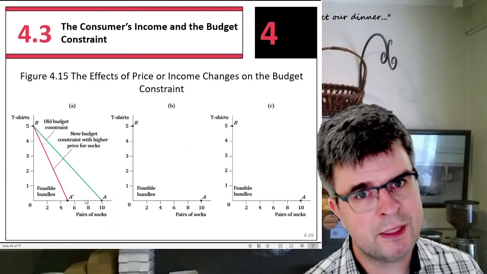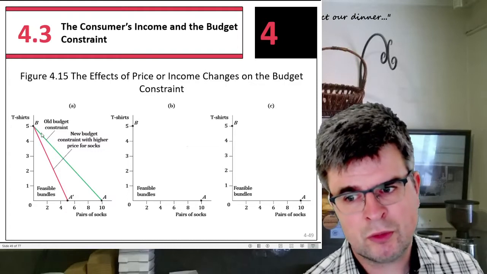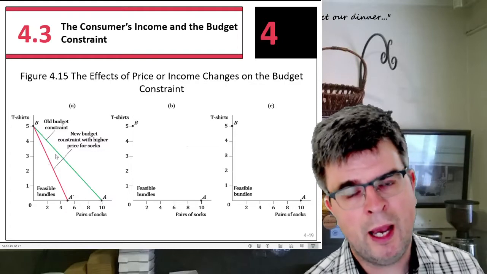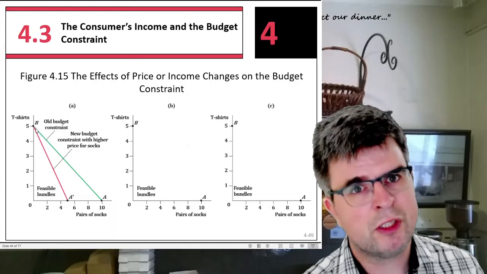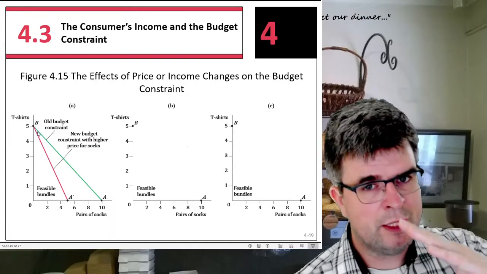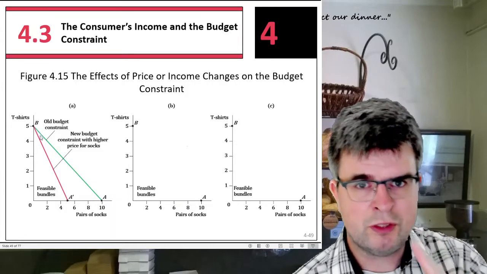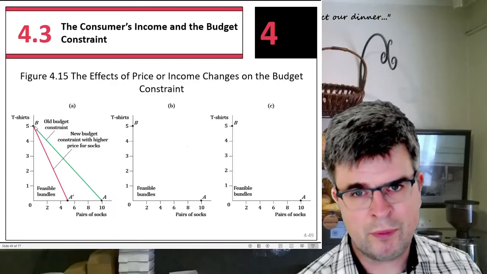So what happens is when the price of socks increases, the budget constraint shifts inward, and as we call it, it pivots around B. So point B stays where it is, but the budget constraint pivots inwards around that point B.